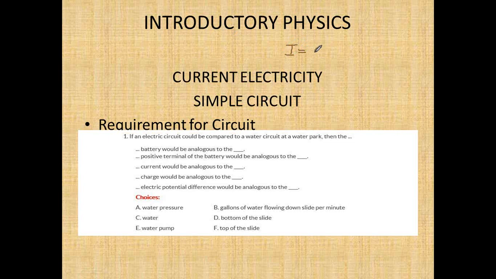So it is charge, that's a C, per time. The definition for current is the quantity of charge passing a point per unit time.